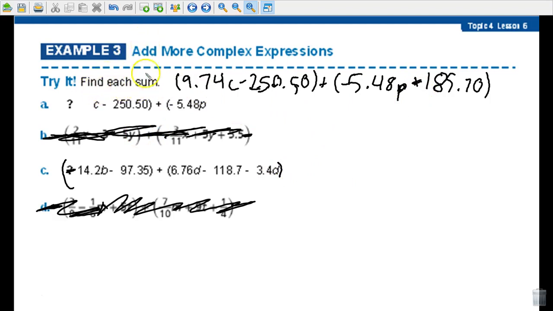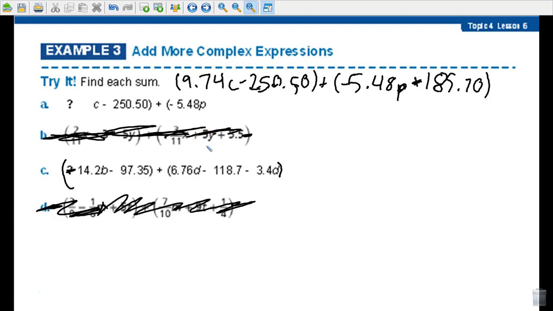Find each sum. I've got 9.74C minus 250.50 plus negative 5.48P plus 185.70. Okay, so I look at C to the first power. Do I have another C to the first power? Sorry, pause it so you can do it yourself. Okay, good. Do I have another C to the first power?